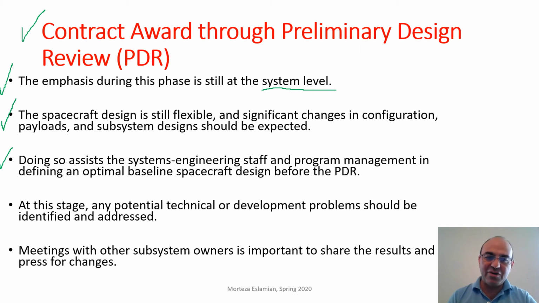Being flexible assists the system engineering staff and program management in defining an optimal baseline spacecraft design before the PDR. So this is like the optimization process. Optimization is done around some major defined point.